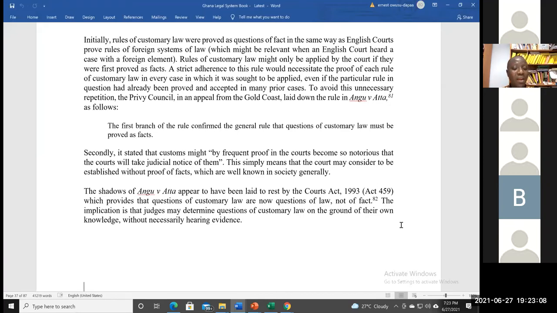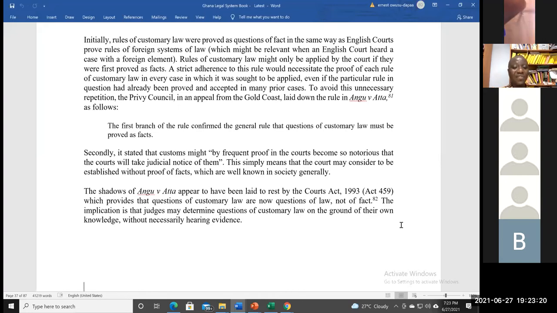And the evidence will have to be brought unless it has been proven over and over again that it is so notorious that the court need not have evidence before it can take judicial notice of them.